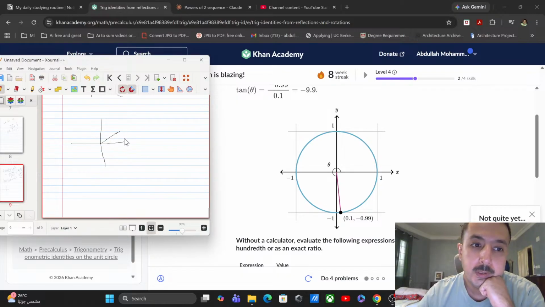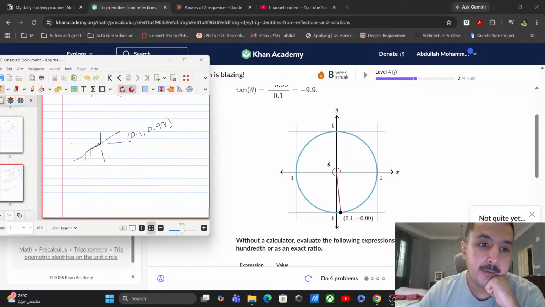So x is 0.1 and y is 0.99. And here, oh god damn it, here it's going to be minus 0.1 and 0.99.